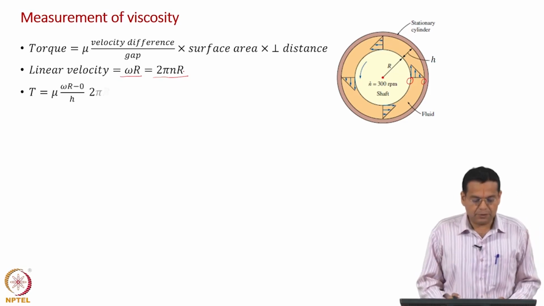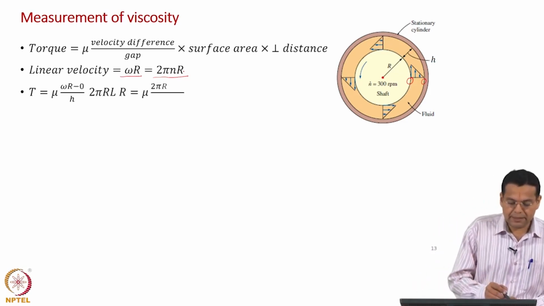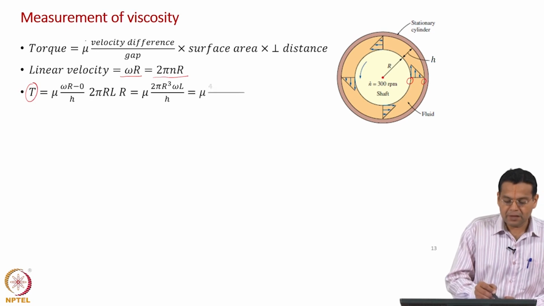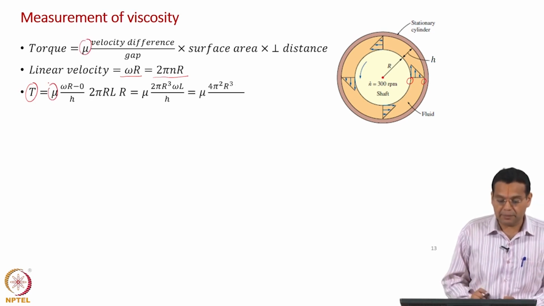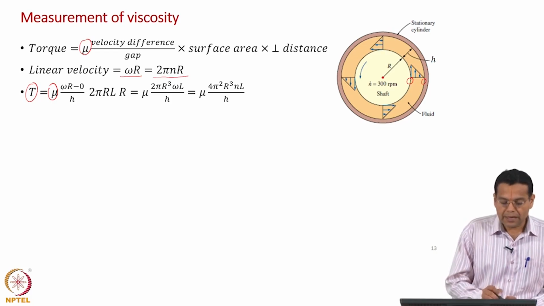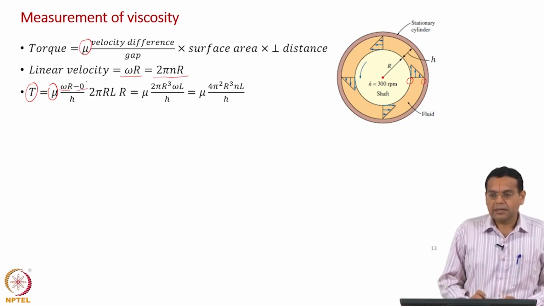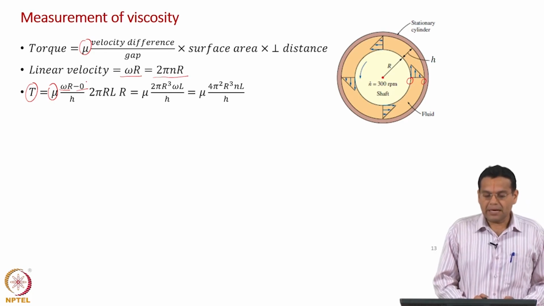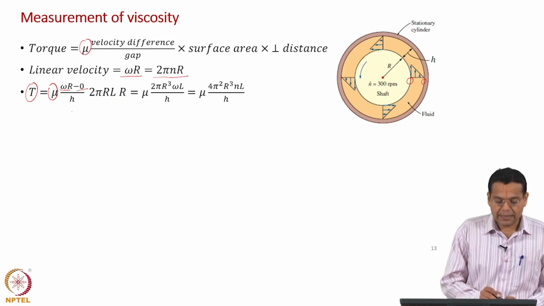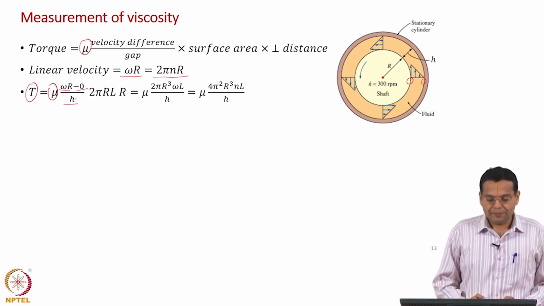Okay. So, let us substitute this. Torque is denoted by capital T here, the viscosity mu, which is yet to be determined. Velocity difference is omega r minus 0, inner cylinder omega r, outer cylinder it is 0, the gap is h. Okay. And what is surface area?